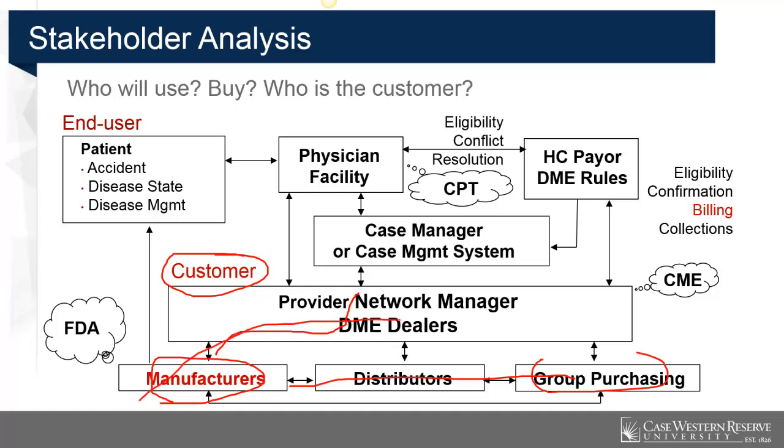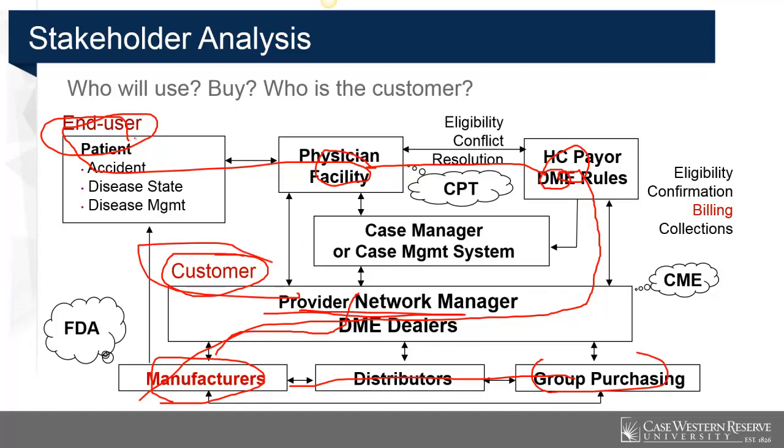Maybe we have to go up through here, go through CMS, understand what the payer rules are for durable medical equipment. There might be some eligibility conflicts. The physician delivers to the patient. Eventually, the patient gets served here. But is your customer the dealer network? Is that who the customer is? Or is the customer actually the patient?